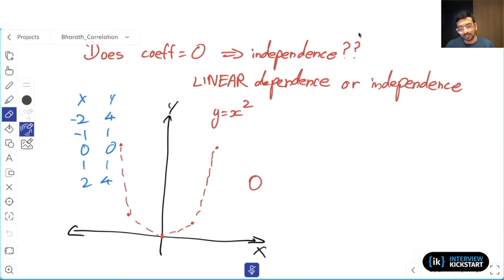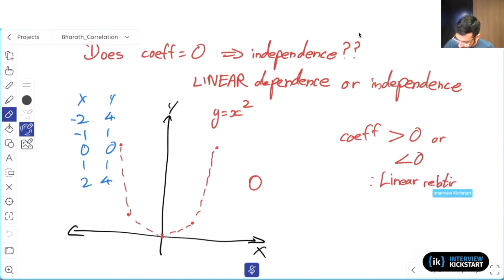So what this means is that if the coefficient is positive or negative, there is a linear relationship. That is, they're dependent.